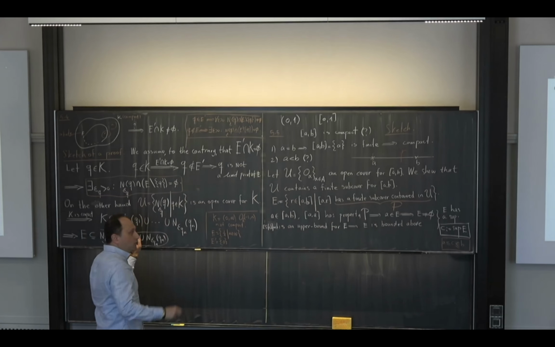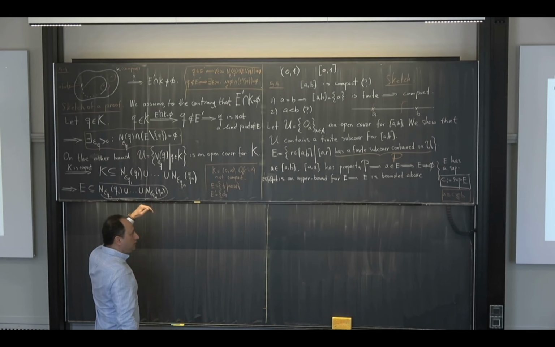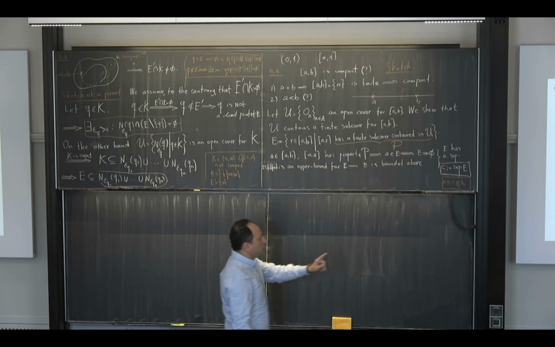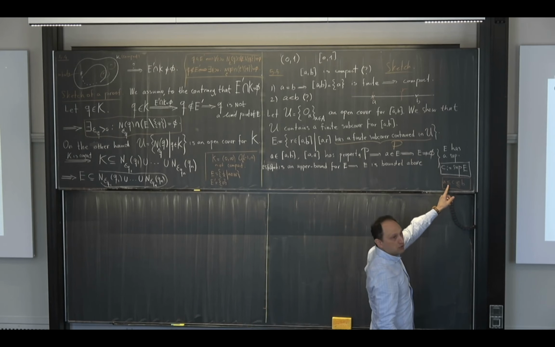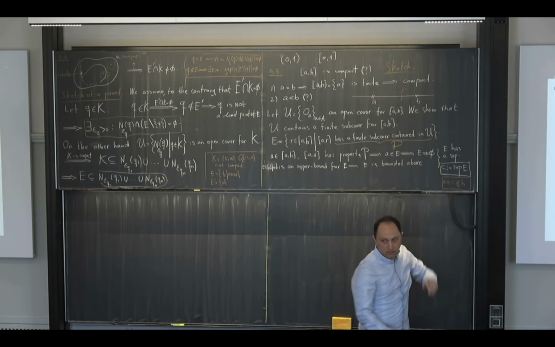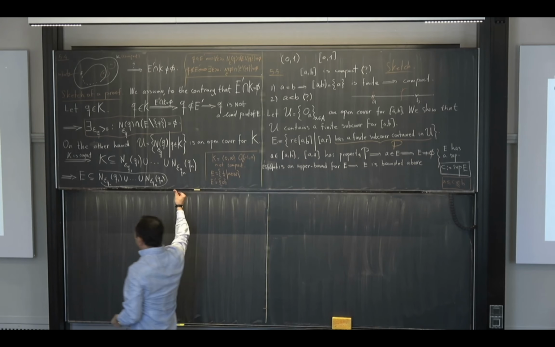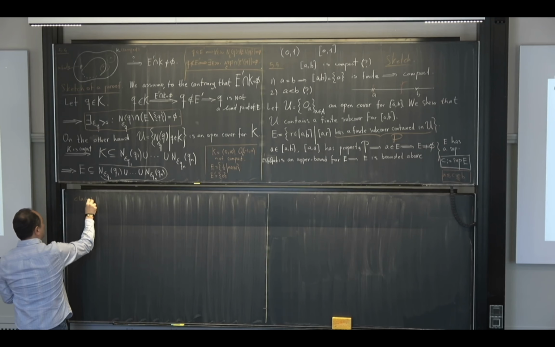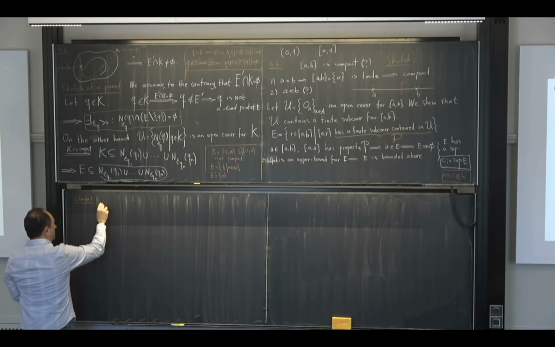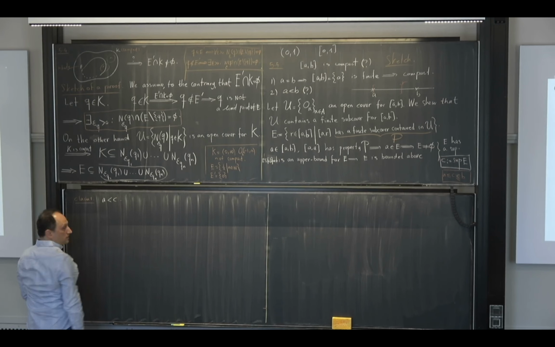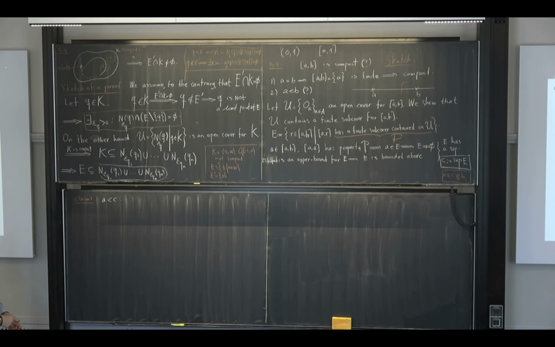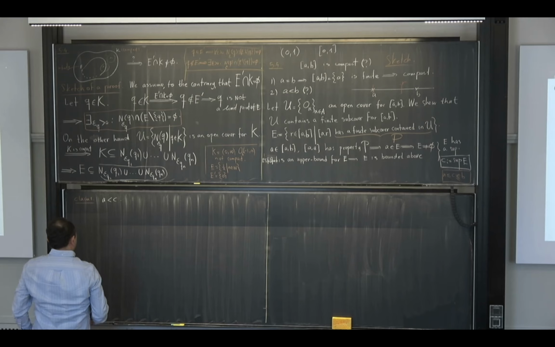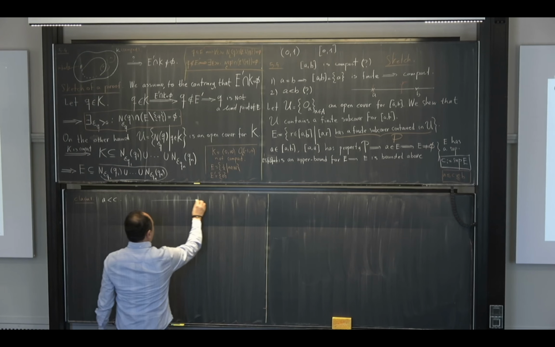But the first thing I want to claim, and if you learn the first step, the other ones are very similar, is that this equality cannot hold. Claim one: A is strictly less than C. I want to show that A cannot be equal to C. So what is the situation I have now?